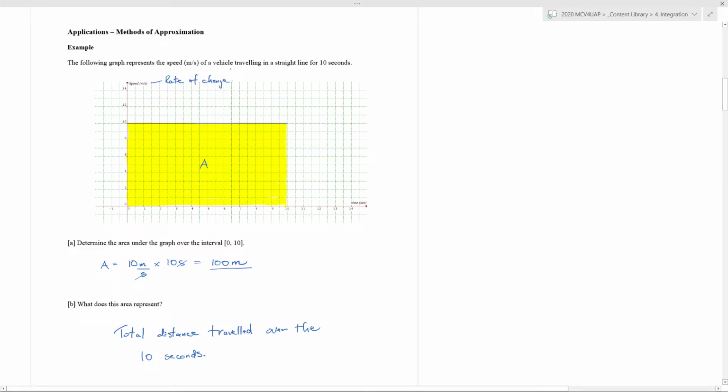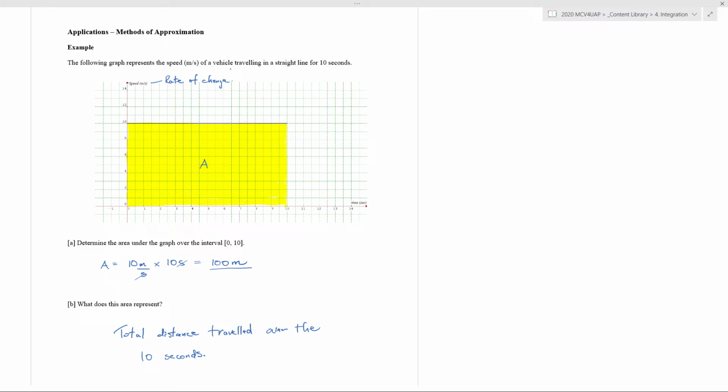So we're going to be looking at examples where, keep in mind what we're doing here, we're finding the area under a rate of change graph. In other words, it's a derivative graph, right? We're used to calling a rate of change a derivative. So another way of looking at this problem is that we've found the area under a derivative graph.